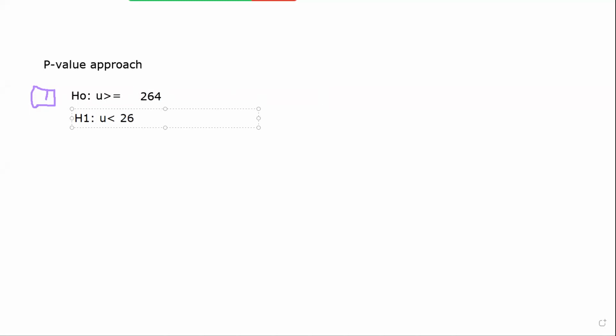Now, this is my claim, okay? And it's going to be a left tail test, because this is our first left tail that we've done. We just haven't hit any of them yet, but this is a left tail test, okay?